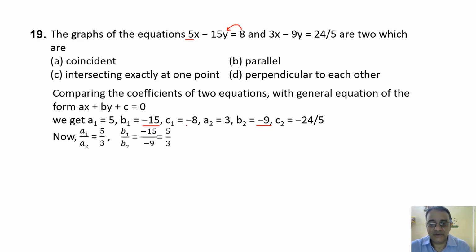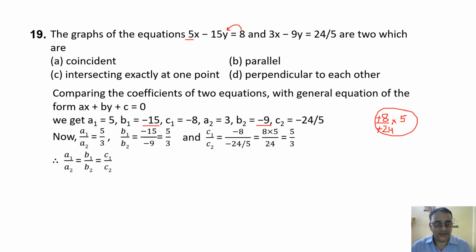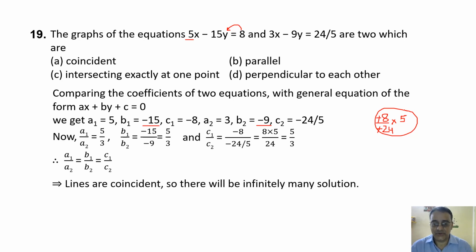Now the last one, c1 upon c2: when we divide minus 8 by this, we take the reciprocal, the minus signs cancel, and simplifying we get 5 by 3. So all three ratios are equal to each other. The lines are coincident and it has infinitely many solutions. Option A is correct.